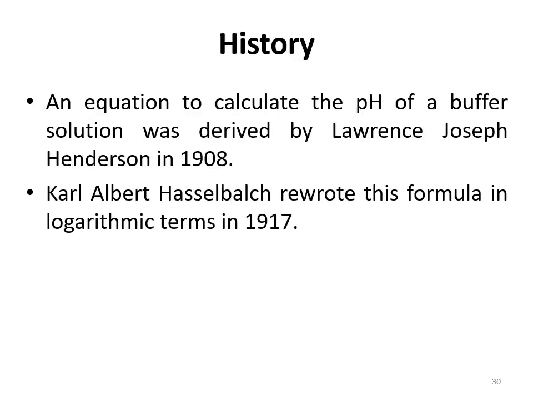History tells us that the method to calculate the pH of a buffer solution was derived by Lawrence Joseph Henderson in 1908, and then this was rewritten in logarithmic form in 1917 by Karl Albert Hasselbalch. That's why the equation carries both scientists' names, the Henderson-Hasselbalch equation.